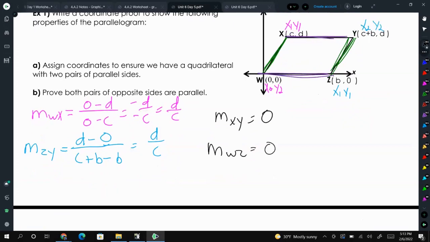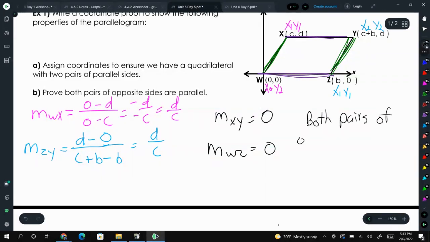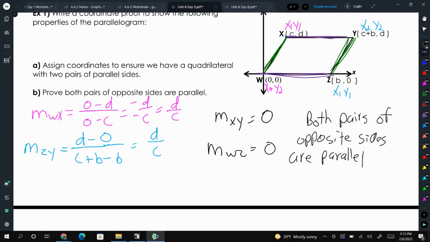So this is a parallelogram. Both pairs of opposite sides are parallel. So that's one way to show that a shape is a parallelogram.